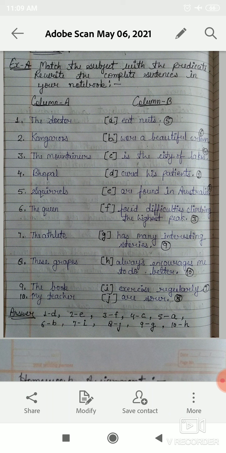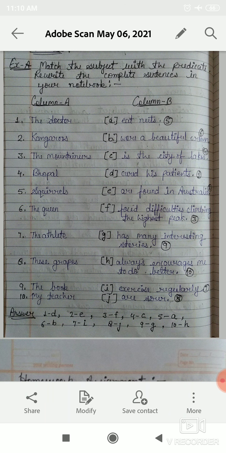So here number 1 will match with option number D, and option number D is cured his patients. Okay, so students, the doctor cured his patients.